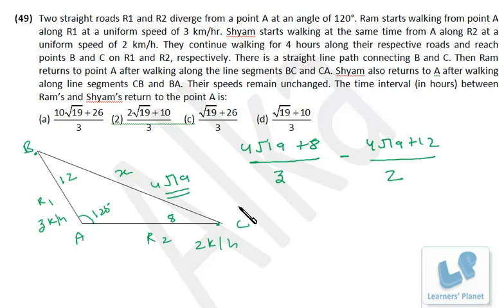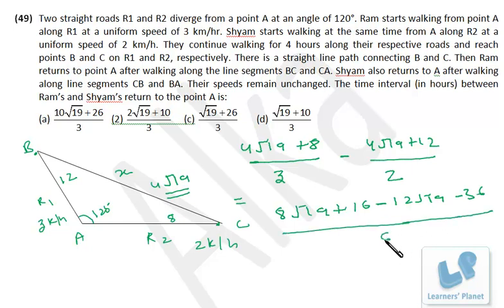Now we just have to simplify that. It's 2, 4, 8 root 19 plus 16 minus 12 root 19 minus 36 by 6. Okay, so the answer will be negative, but we have to find out the difference, so it doesn't matter.